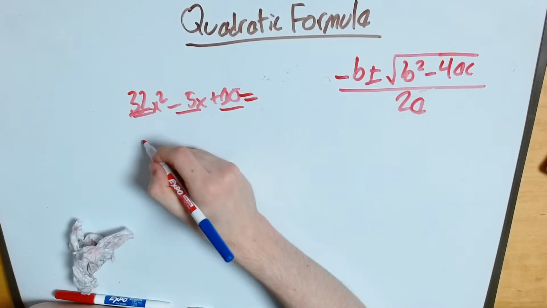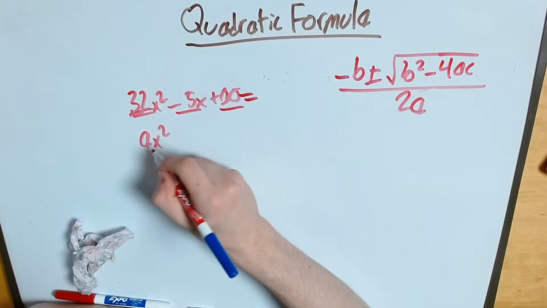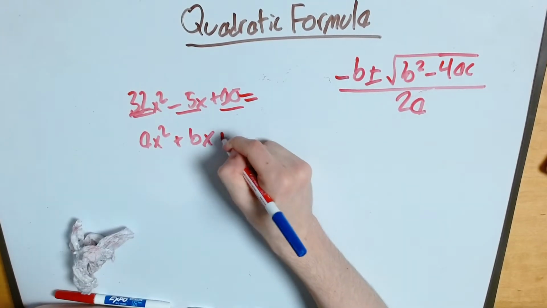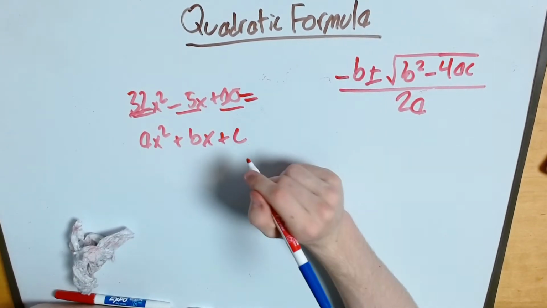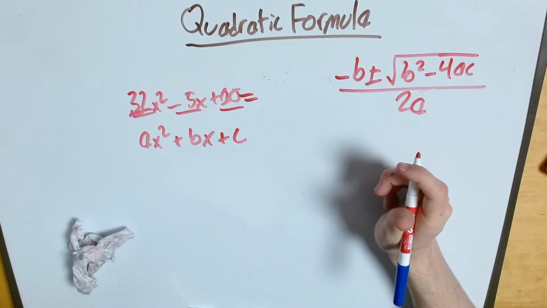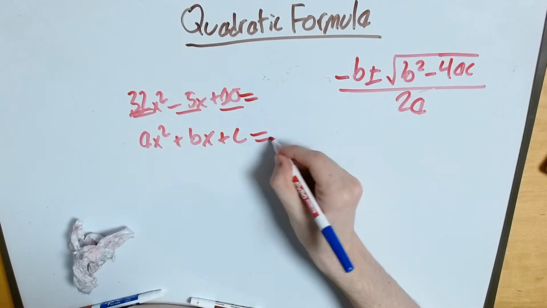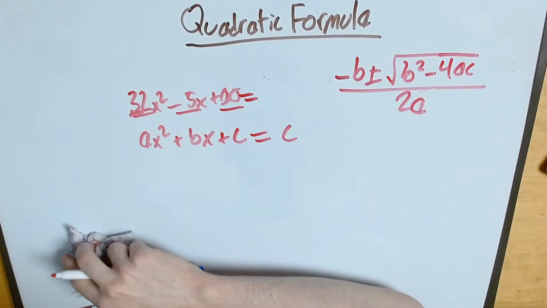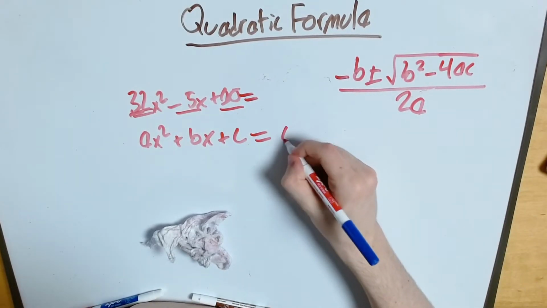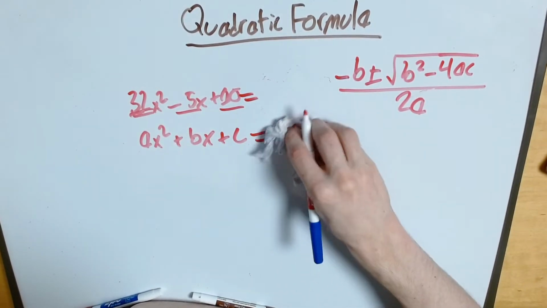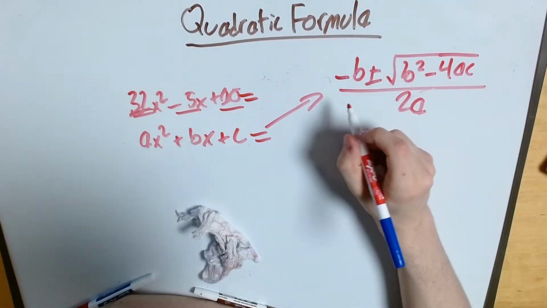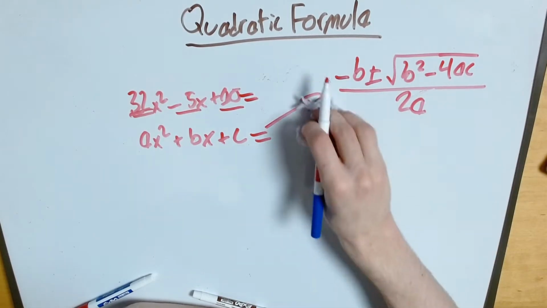If you have a quadratic like ax squared, where a is a number, plus bx, where b is a number, plus c, where c is a number, well then your solutions, your a's and your b's, if we were to factor this, are the values you get when you plug in the values into this formula.